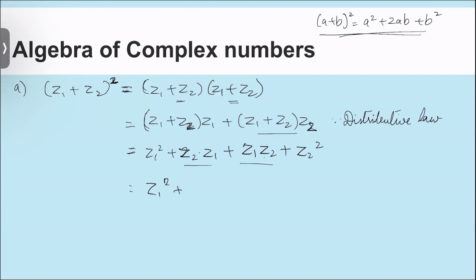If you remember the commutative law that we had, z1 z2 is equal to z2 z1, so they are actually the same terms. So we can write it as z1 squared plus 2 z1 z2 plus z2 squared. This validates and proves the identity, and you can see that this follows the general form of the identity (a plus b) the whole square.